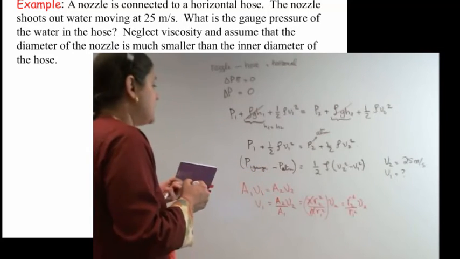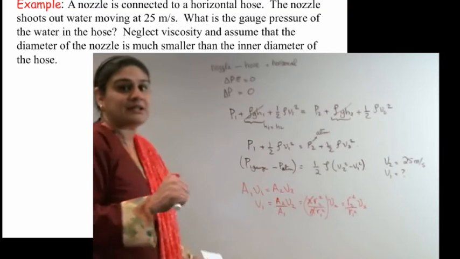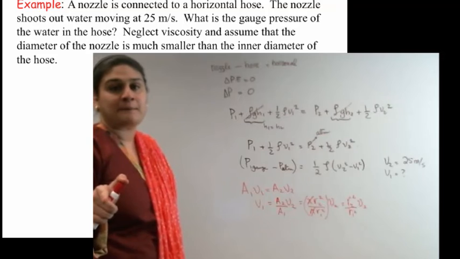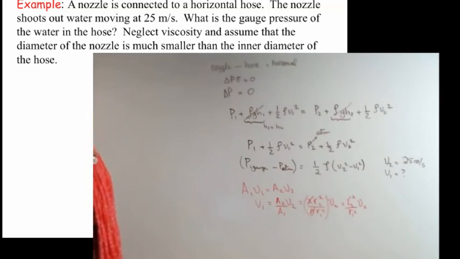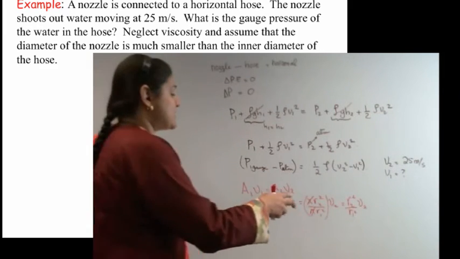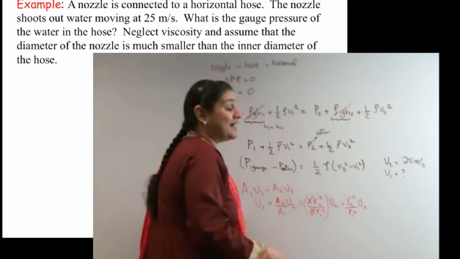Now, the question gives me that the nozzle shoots out water moving at 25 meters per second. This means assuming the diameter of the nozzle is much, much smaller than the inner diameter of the hose, this term is going to be very, very tiny.